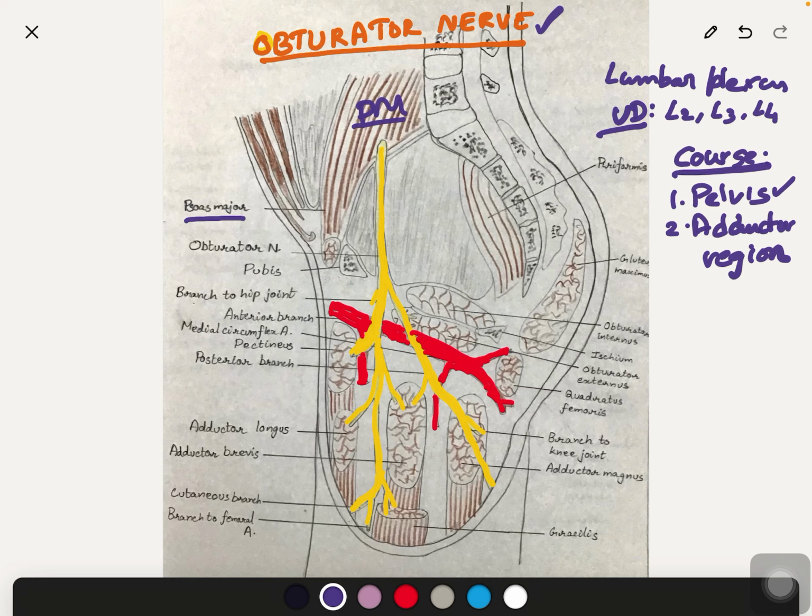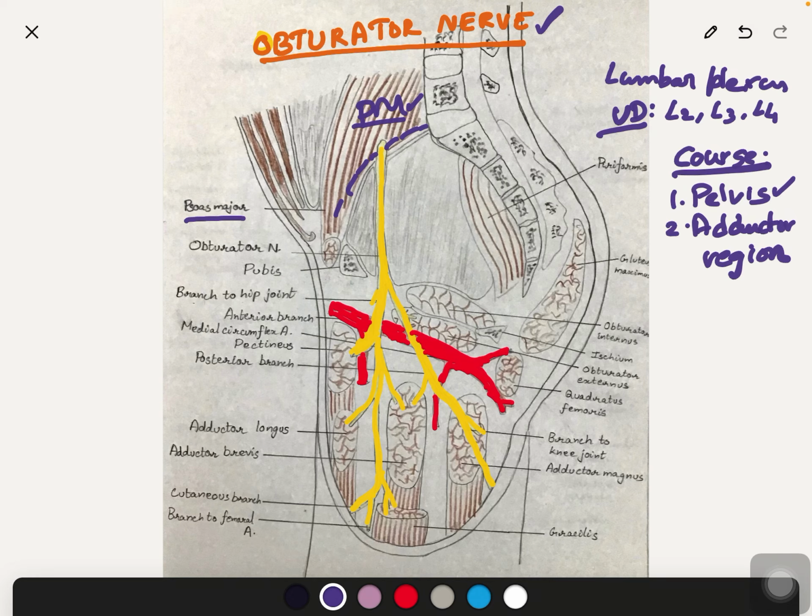It is present in the posterior abdominal wall in the psoas major muscle, then passes out of the medial margin of the psoas. So this is the medial margin of the psoas muscle, from which it comes out and enters the pelvis.